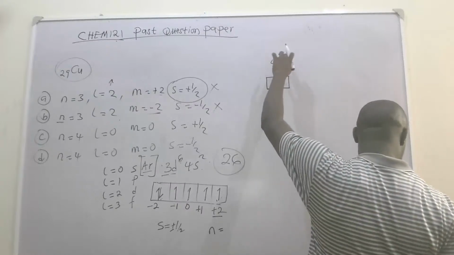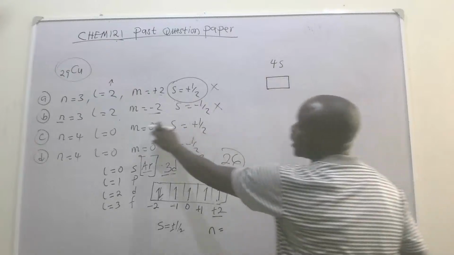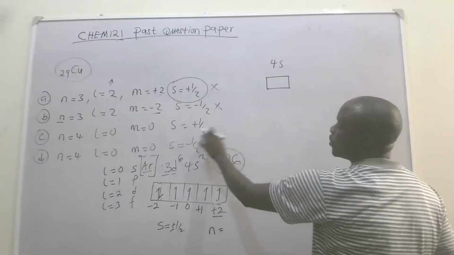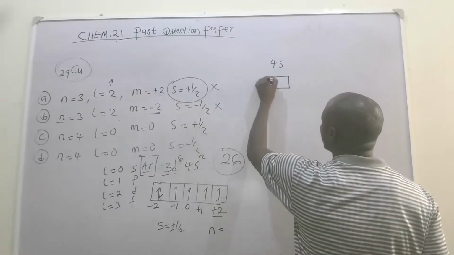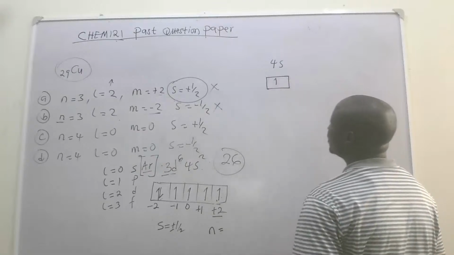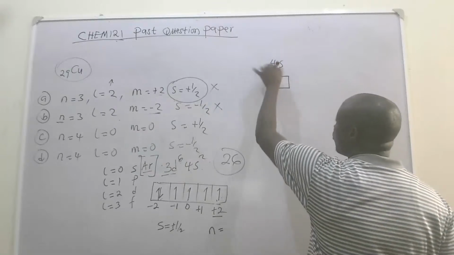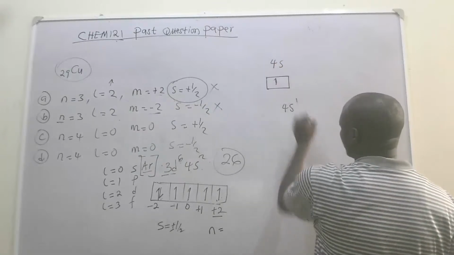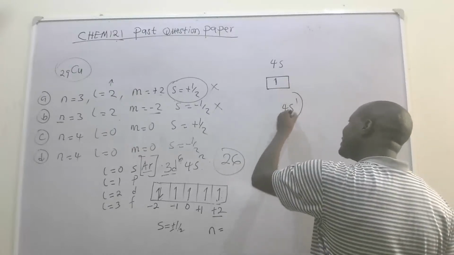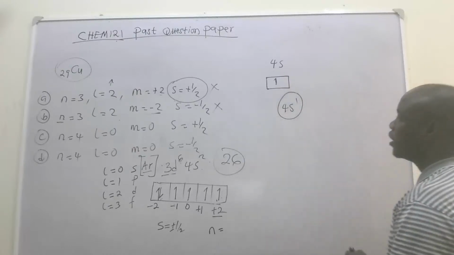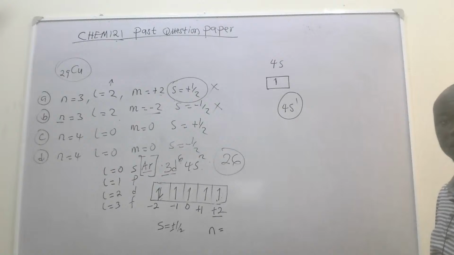So we have 4s, m is 0, and then our spin is half. So we now have 1 electron here. It means that in the 4s we have 1 electron, so we have 4s1.